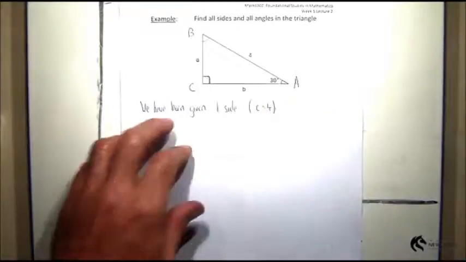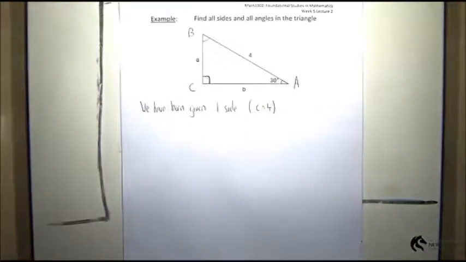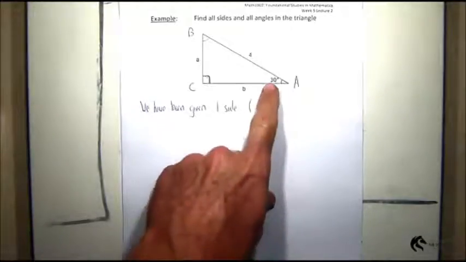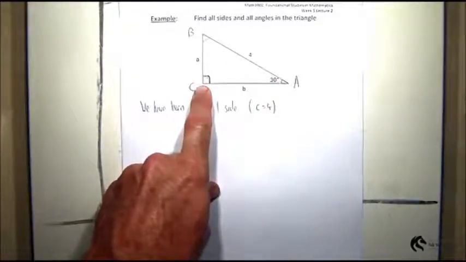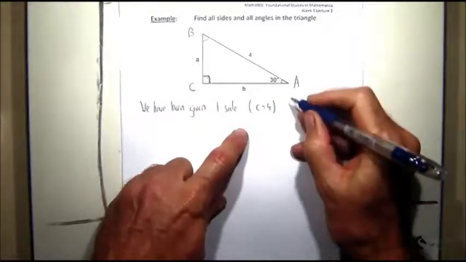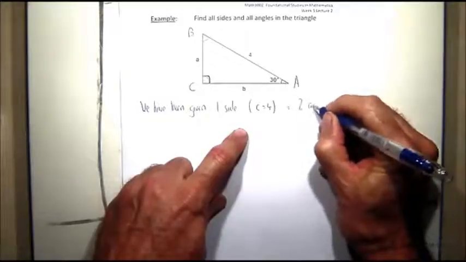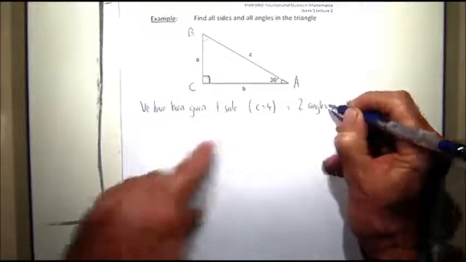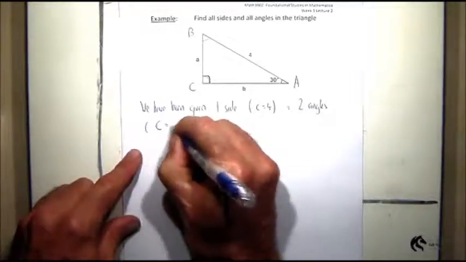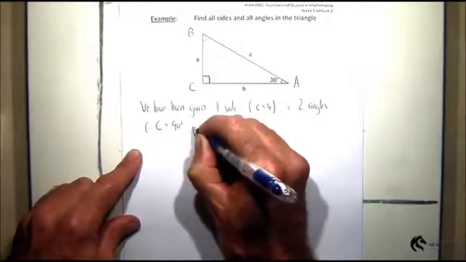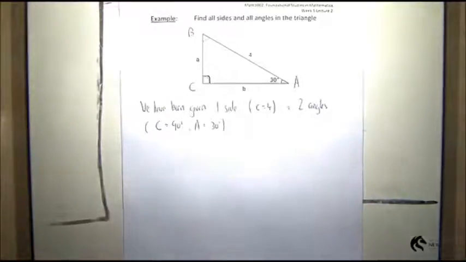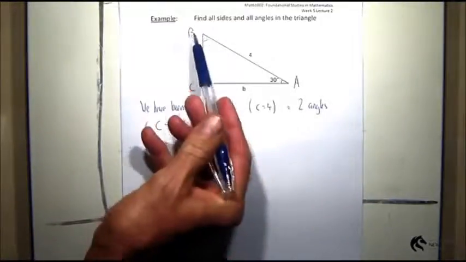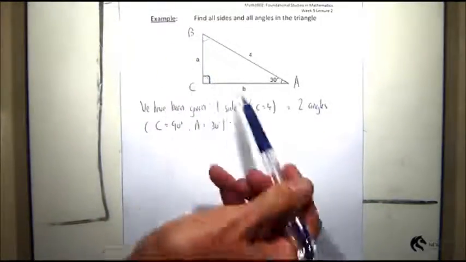We've been given the length of the hypotenuse in this triangle, and we've been given one angle, although we actually know the other angle here, it's a right angle. So we've been given one side and two angles. The angles we've been given are C is 90 degrees and A is 30 degrees. We want to try to calculate B, capital B, little a and little b.